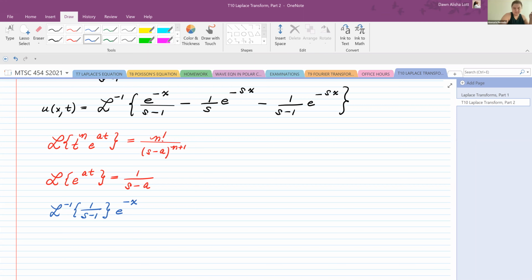The Laplace transform is on t, so it's an integral over t, so you can pull the e to the minus x out. So this just becomes e to the minus x, and then this just becomes e to the t, because that's the Laplace transform of e to the 1t.